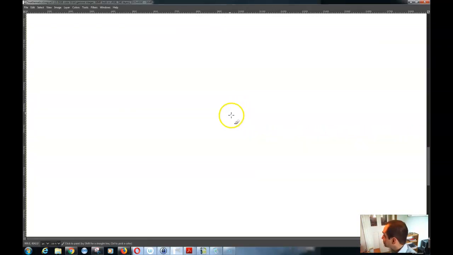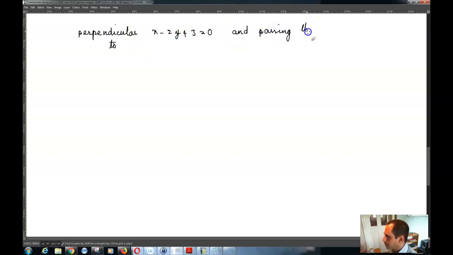You want to find the equation of a line perpendicular to the line x minus 2y plus 3 is equal to 0, and passing through the point 1 comma -2.